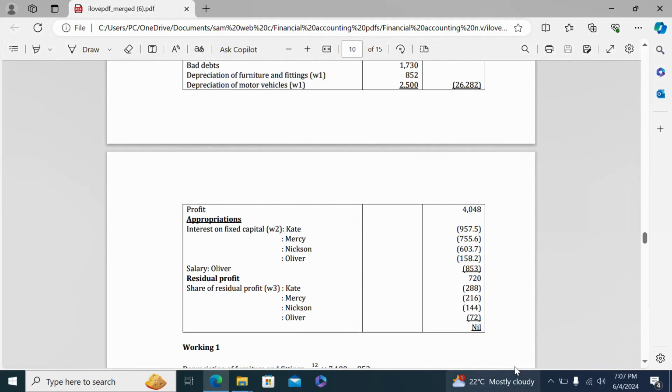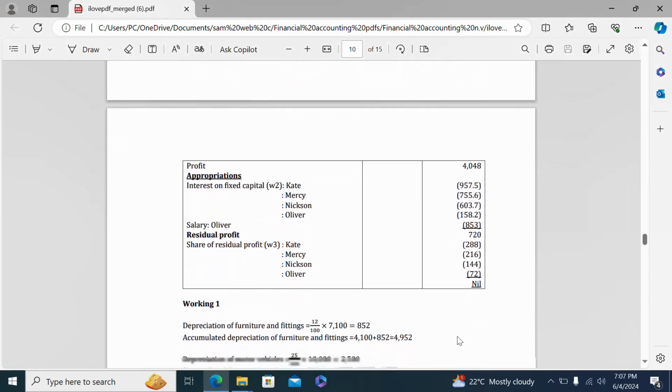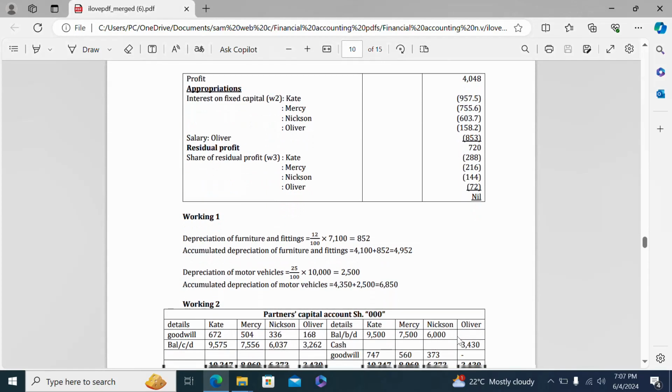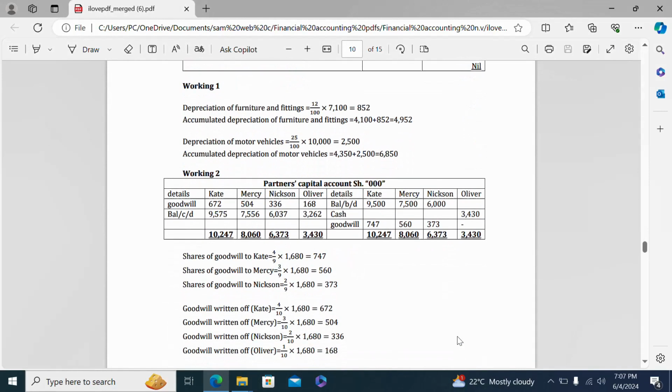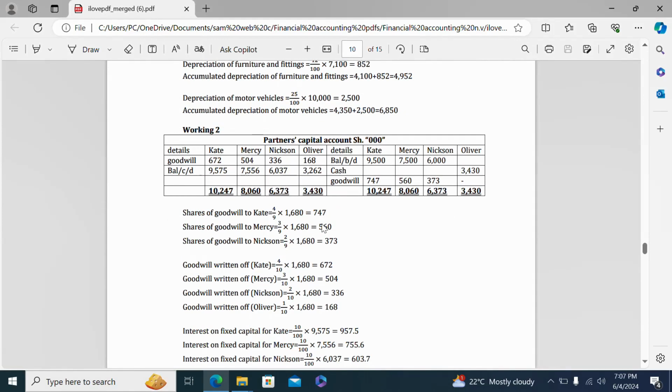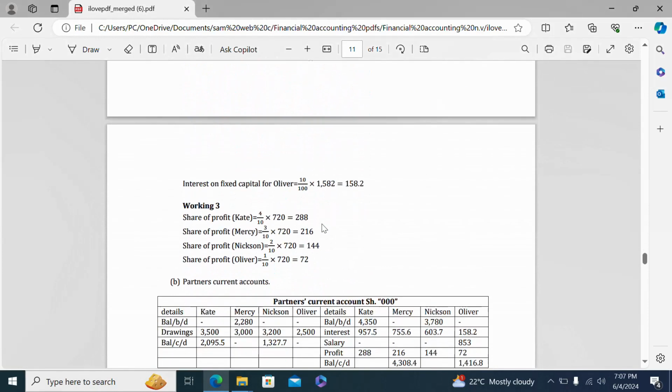When you do appropriation, you're supposed to get a nil balance after making all the appropriation, because you appropriate even the residual profit. And then we have the workings, we have partners' capital account as a working in that question. So those are the workings.